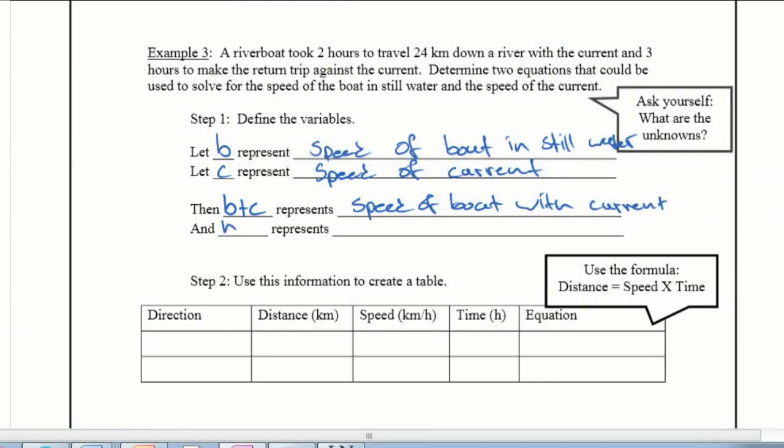And then we have B minus C is speed of boat against current. So sometimes putting this in a table is going to help us out.